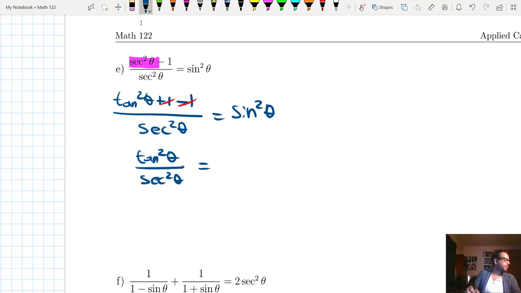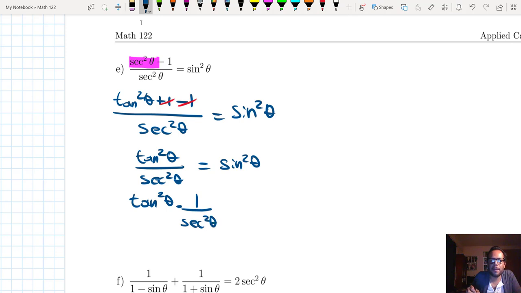Now, how are we going to simplify this a bit further? Well, first of all, this is the same as saying tangent squared theta. Because this secant squared is in the denominator, this is the same as saying 1 over secant squared theta, which equals sine squared theta.